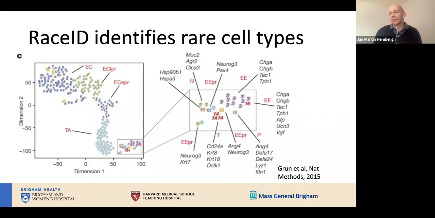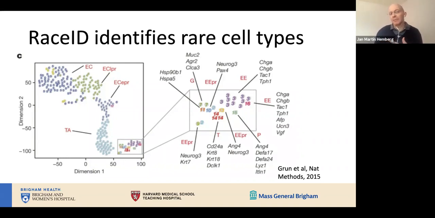So if you know or suspect that you have these small clusters, for example some type of stem cell, then it is often a good idea to use a different method than the clustering method that I just talked about, because there are methods that are specifically designed for identifying these rare cell types.